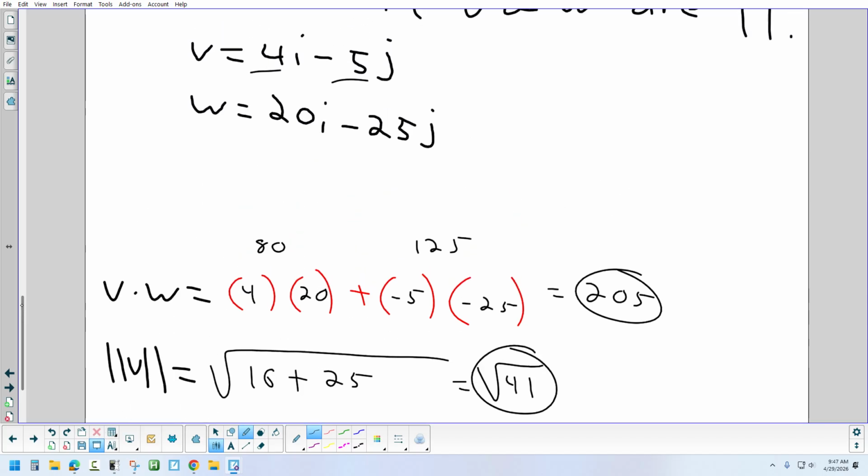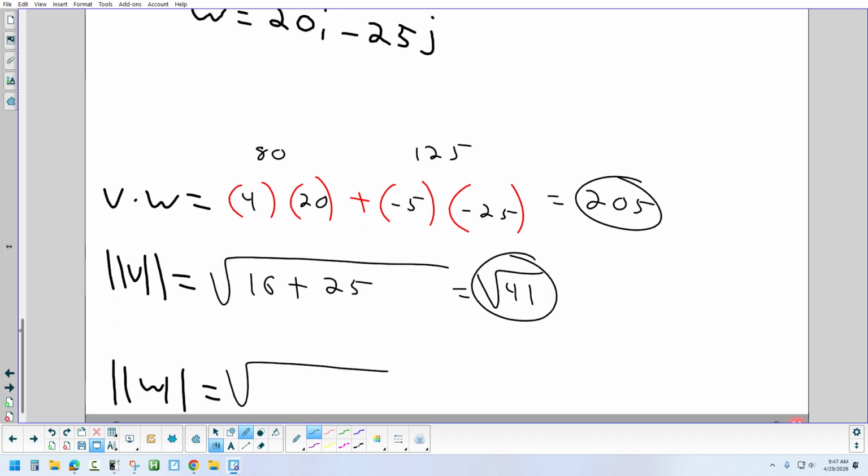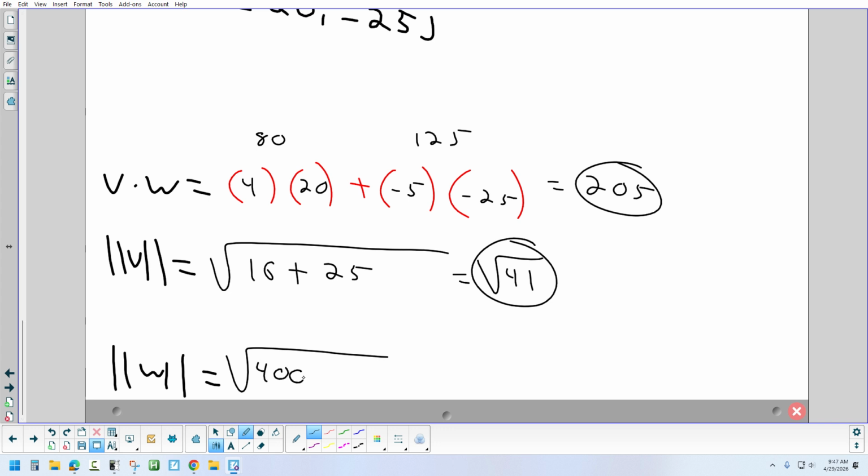What's going to go under that square root? 20 squared plus 25 squared. Yep, so 20 squared is 400, and 25 times 25 is 625. Okay, so now we've got everything we need.